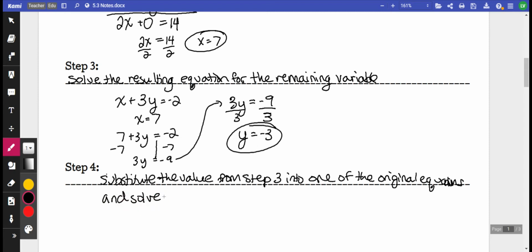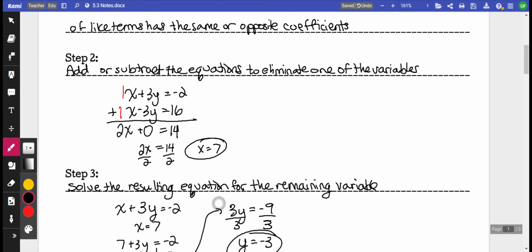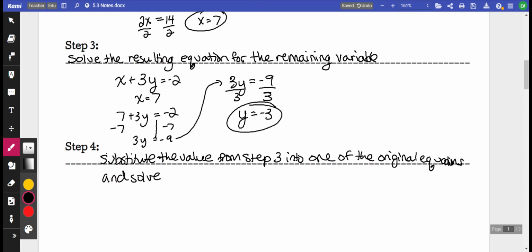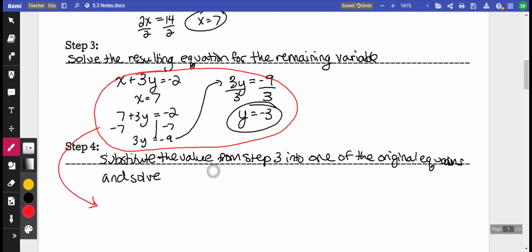We actually did that in step number 3. So the information from step 3 should be brought down into step number 4.